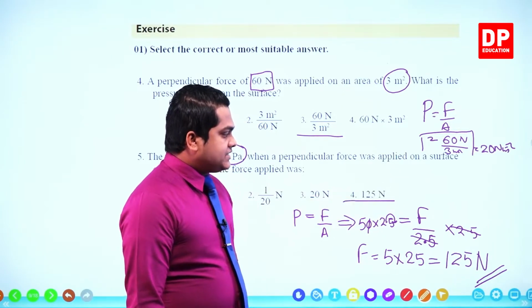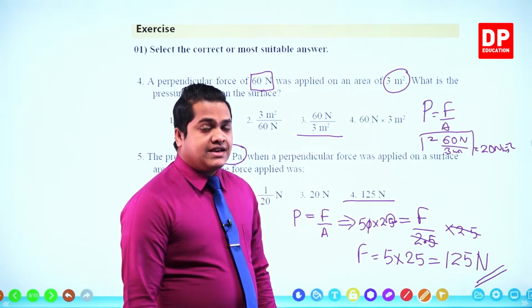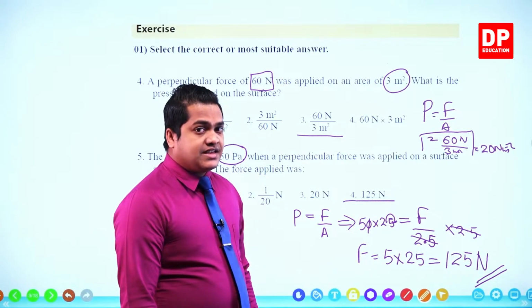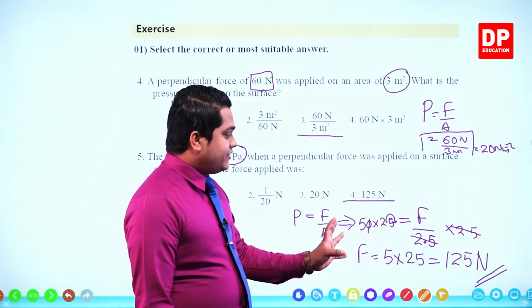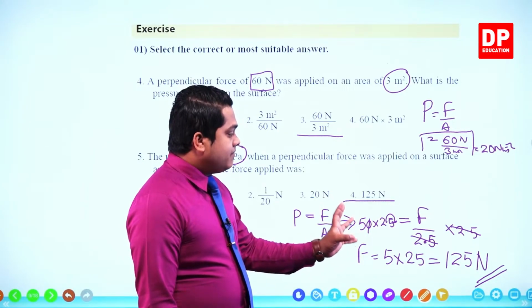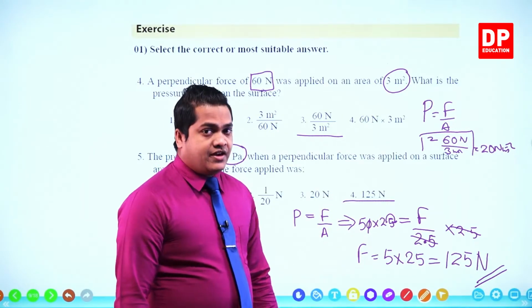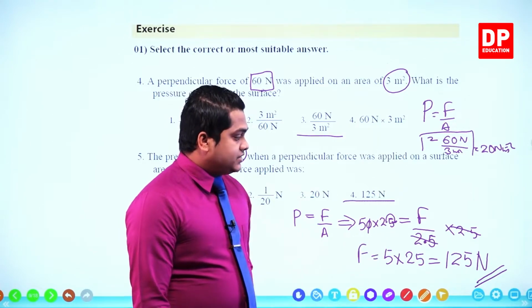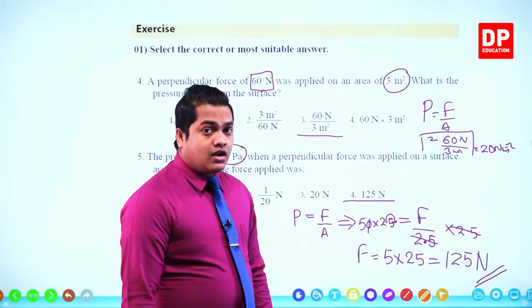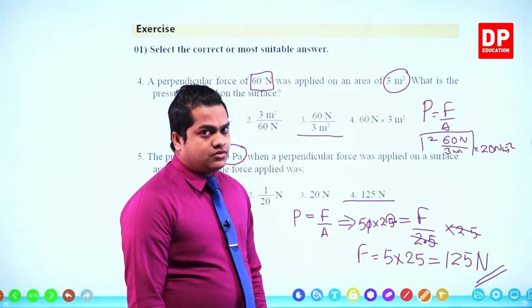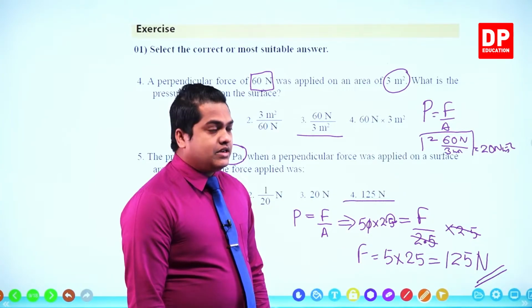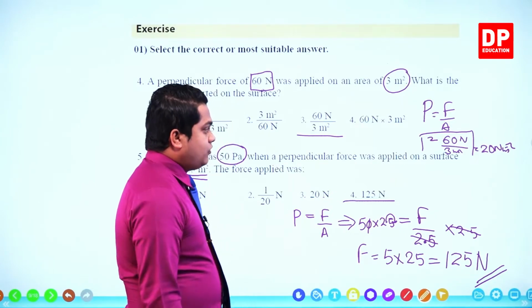So at the right hand side, 2.5 to 2.5 is getting cancelled. F is getting remained. On this side, 50 is getting cancelled off. 50 is getting multiplied with 2.5 to give an outcome as 125 Newton. So 125 Newton is the answer, which is the fourth one.